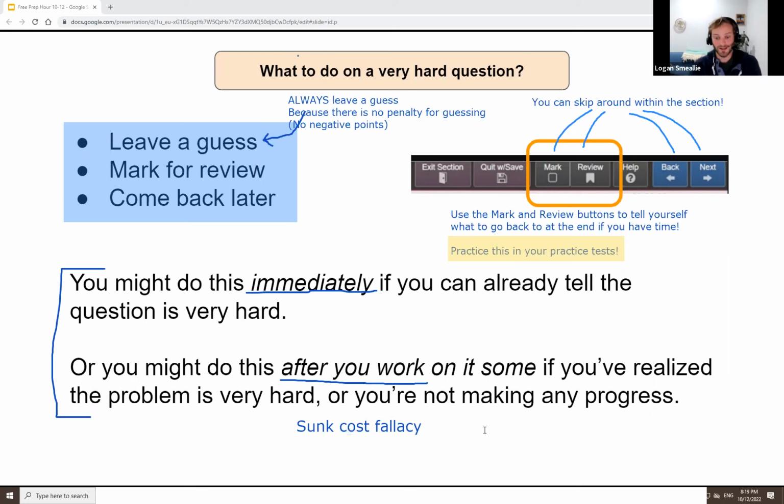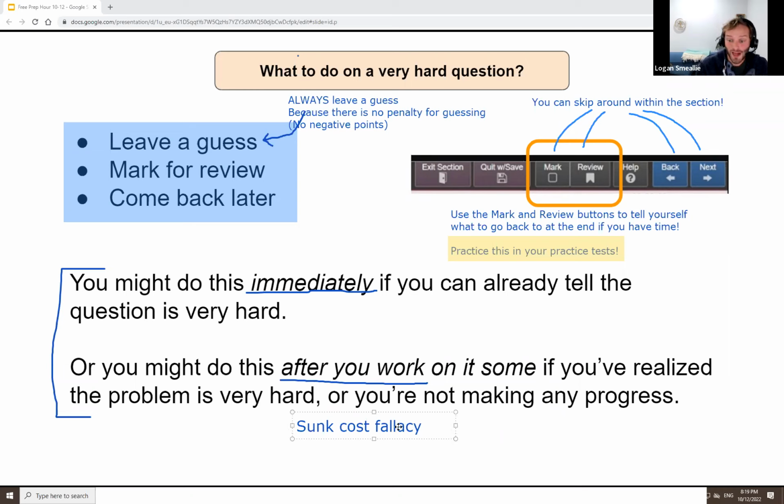A sunk cost fallacy is the idea that once you've put work into something, you have to keep going because you don't want to have basically wasted all the original work. And the reason we call it a fallacy is that very often it actually would be better to abandon the work you've already done if you've learned that it's not wise to continue, as opposed to just keep working on the same thing that you already know isn't working out.